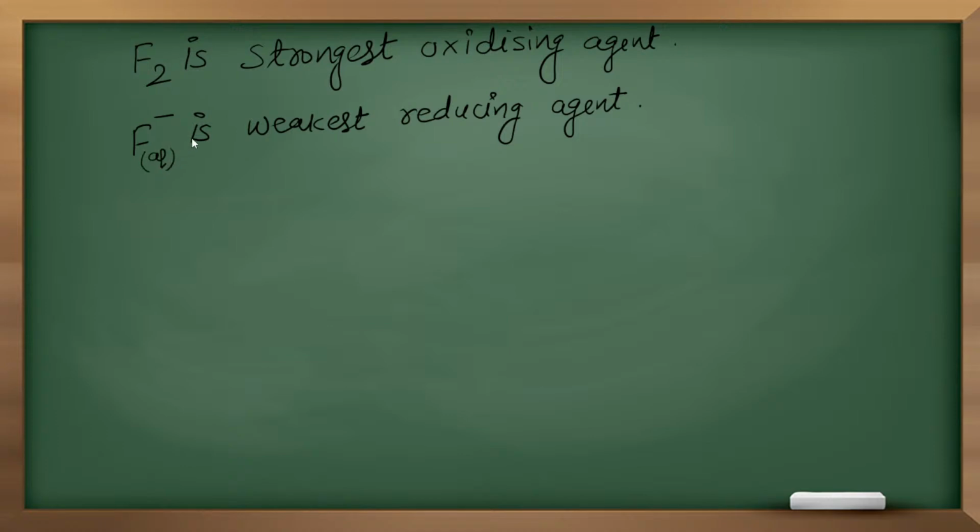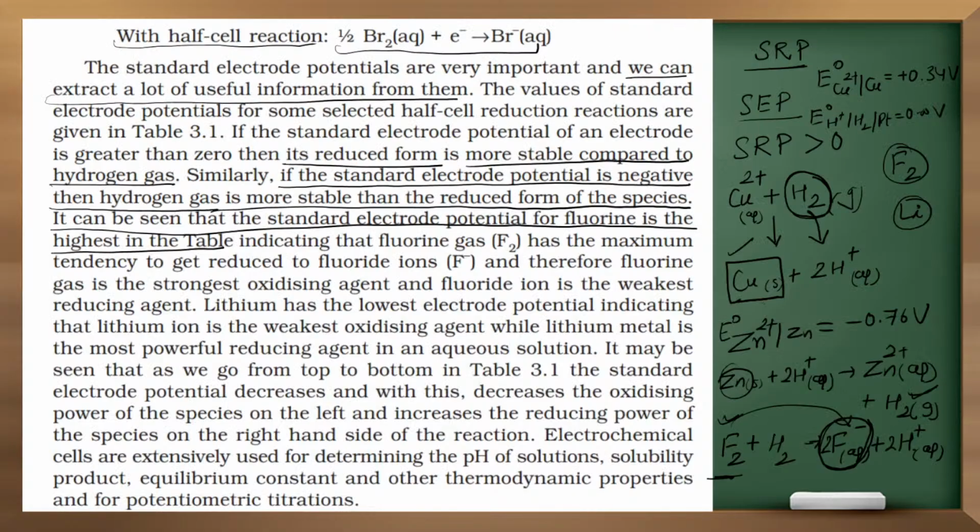Fluoride ion is weakest reducing agent and fluorine gas is strongest oxidizing agent. Now come to lithium. Lithium has lowest electrode potential. So what it means? Lithium ion is the weakest oxidizing agent, and lithium metal is most powerful reducing agent in the aqueous solution.